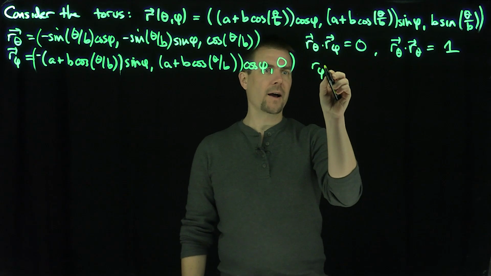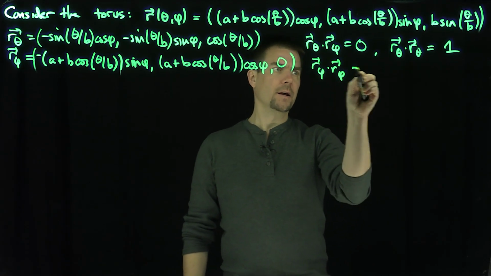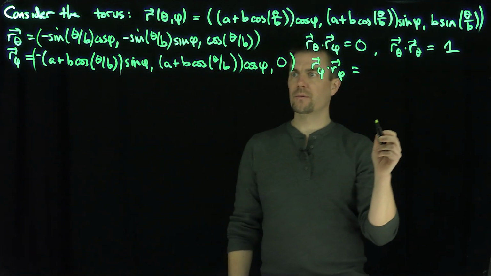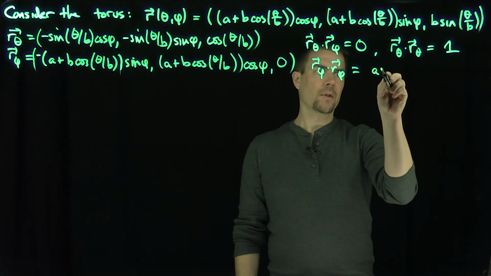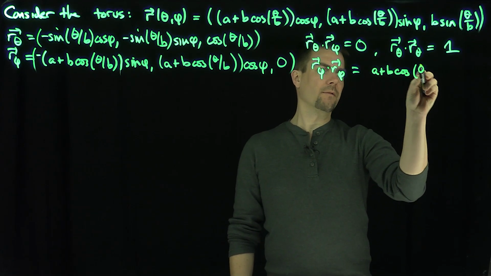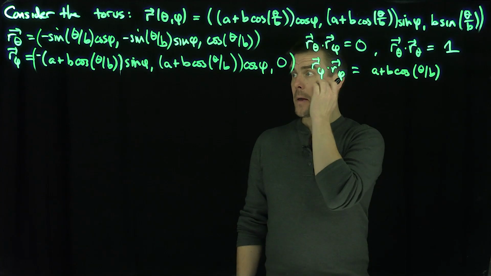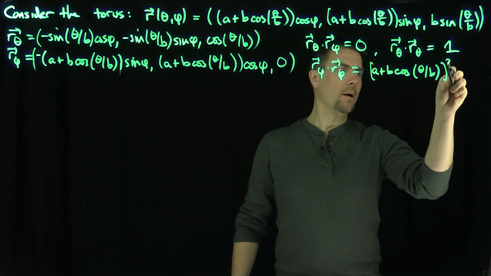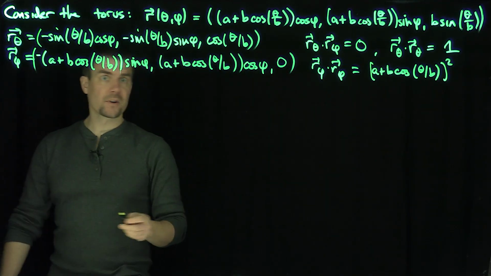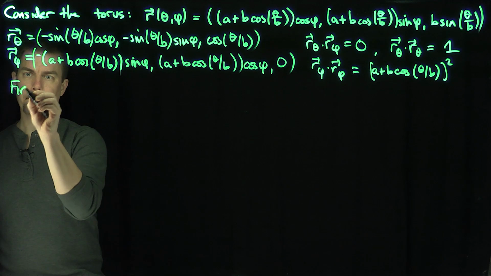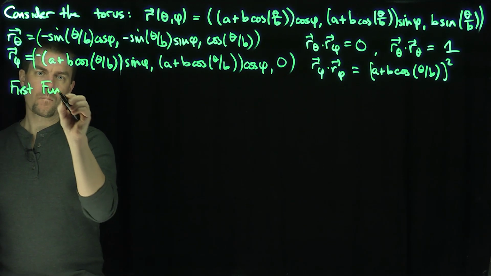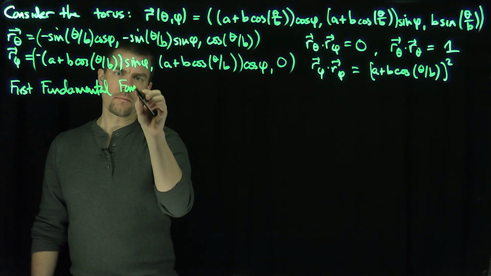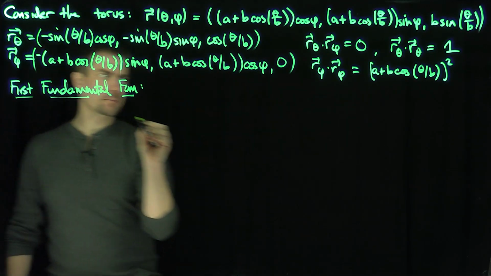What's my r phi dot r phi going to be? We'll have this expression squared, sine squared, cosine squared, so we just get this expression over here, which is going to be a plus b cosine of theta over b, like that. And it's going to be quantity squared, right? So this squared plus this squared. Beautiful. All right, so therefore the first fundamental form is going to look like this.